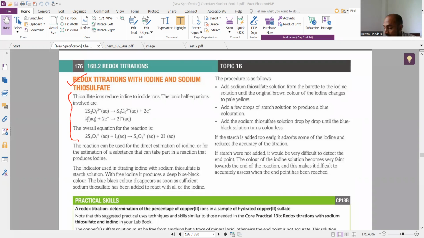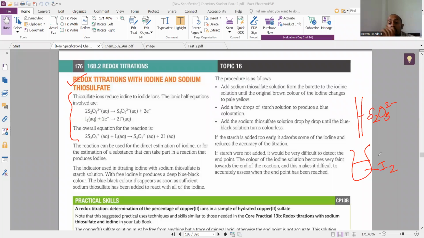I think I have explained to you about this titration. The color changes and all. In this titration, the indicator is starch. You are adding starch to the iodine solution. So usually the thiosulphate is in the burette and the iodine solution is in the conical flask.